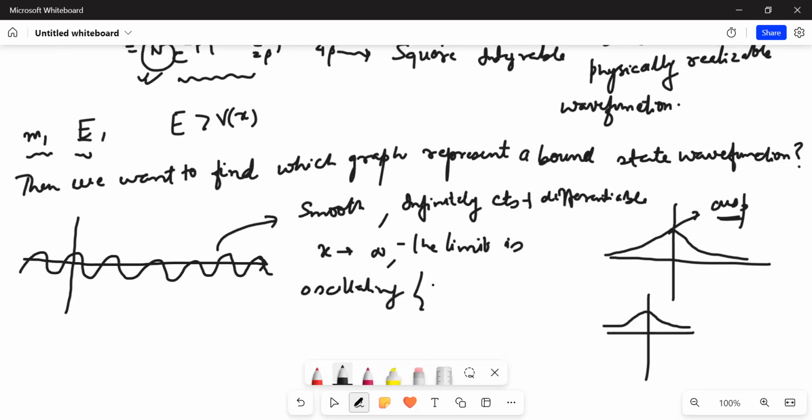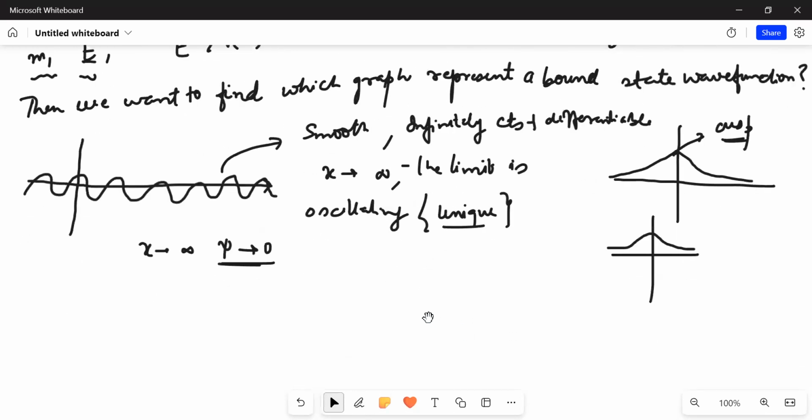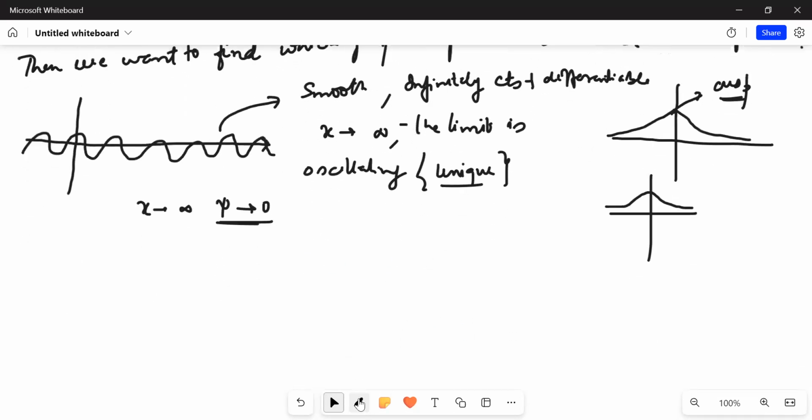And what the bound state condition requires is that as x tends to infinity, our wave function should go towards zero. So clearly this cannot represent a bound state wave function of a particle of mass m moving with energy E under the influence of a potential V(x).